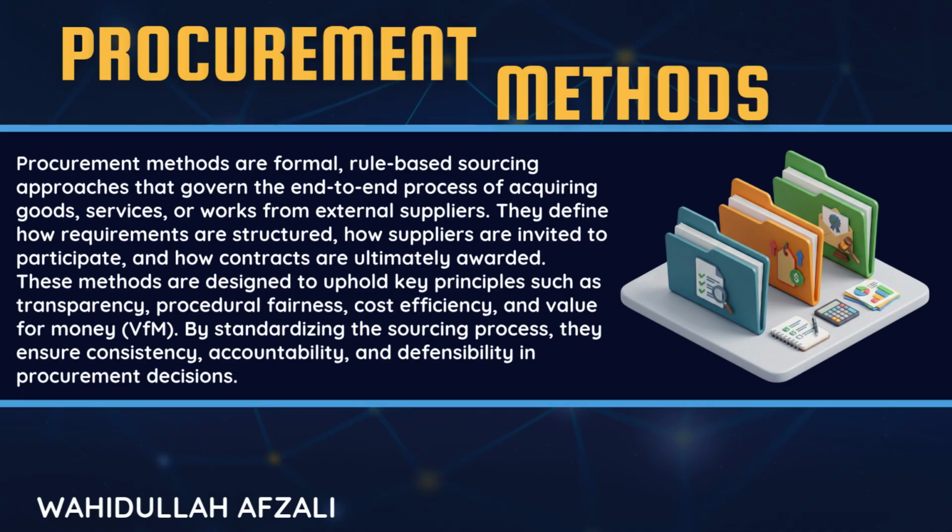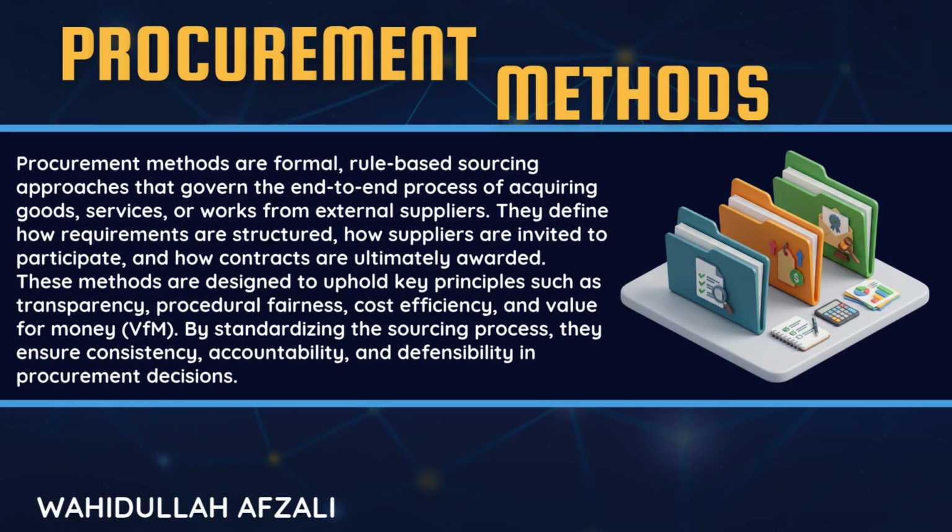Procurement methods are formal, rule-based sourcing approaches that govern the end-to-end process of acquiring goods, services, or works from external suppliers. They define how requirements are structured, how suppliers are invited to participate, and how contracts are ultimately awarded.